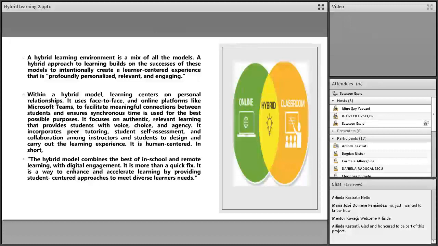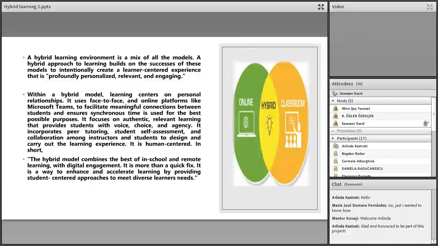Within a hybrid model, learning centers on personal relationships. It uses face-to-face and online platforms, like Microsoft Teams, which I'm using with my students, to facilitate meaningful connections between students and ensure synchronous time is used for the best possible purposes. It focuses on authentic, relevant learning that provides students with voice, choice, and agency. This is also very important because in hybrid learning, students have a voice.